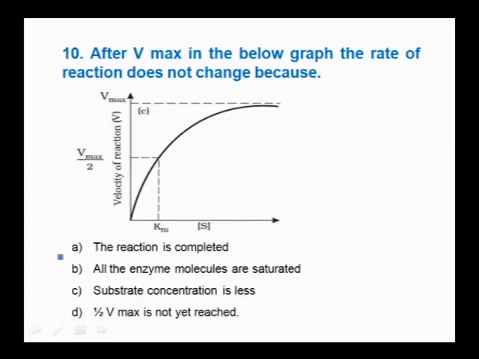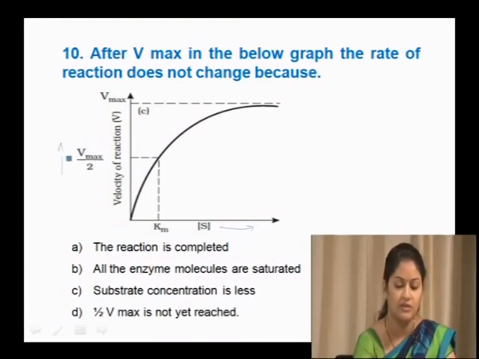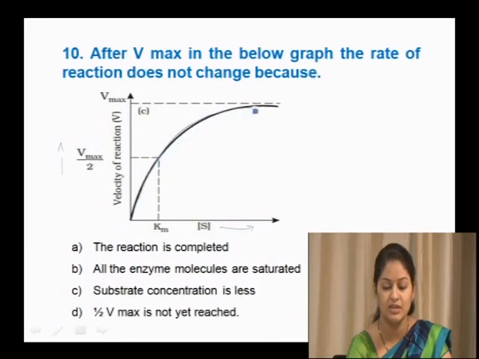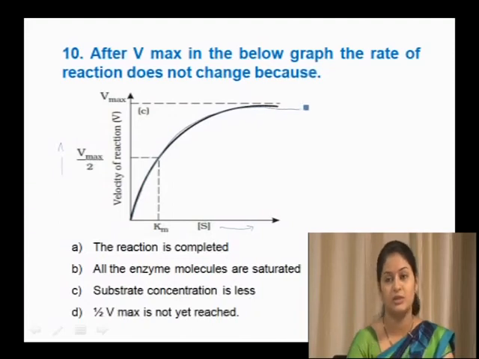Moving on to 10th question. After Vmax in the below graph, the rate of reaction does not change. So let us understand the graph first of all. So the lower axis is indicating the substrate, and on the other axis we are having the velocity of reaction. When the rate of reaction is compared with the substrate, we can identify that the graph is taking a leap here and it is coming to a stationary phase here, or it is becoming steady.